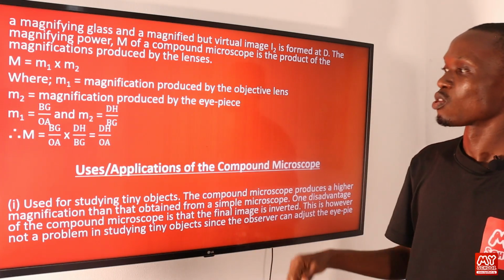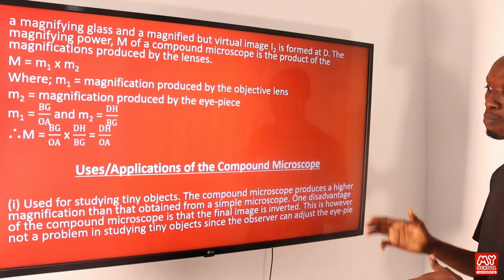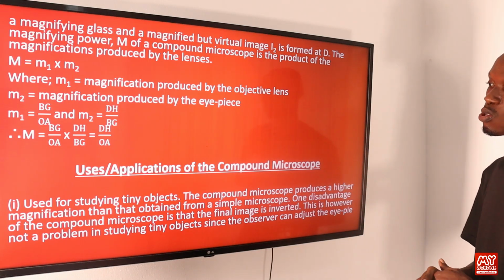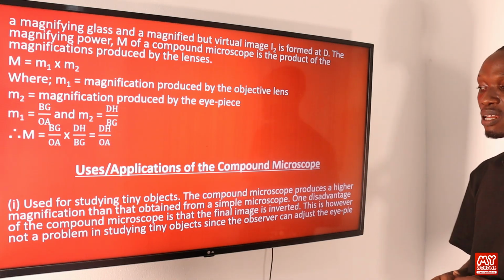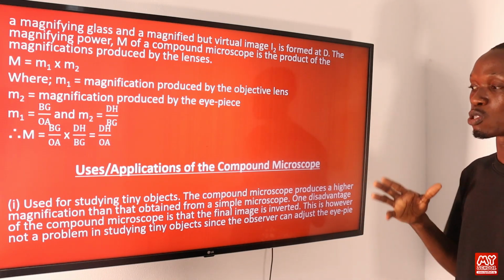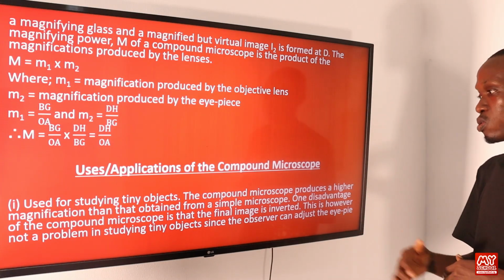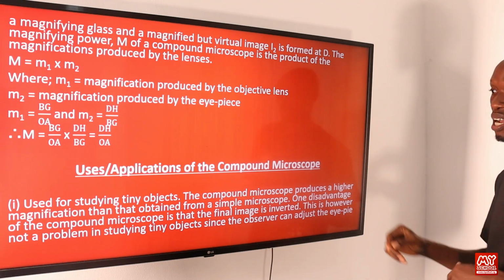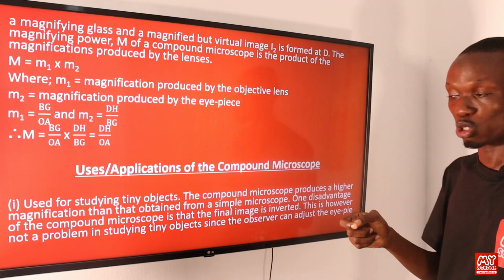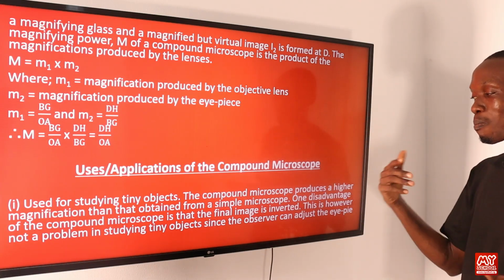Okay, so let's talk about the uses and application of the compound microscope. One of the uses of the compound microscope is that it is used for studying tiny objects, and this helps us to see details up close. Now, one advantage of the compound microscope is that it produces a higher magnification than that obtained from a simple microscope.